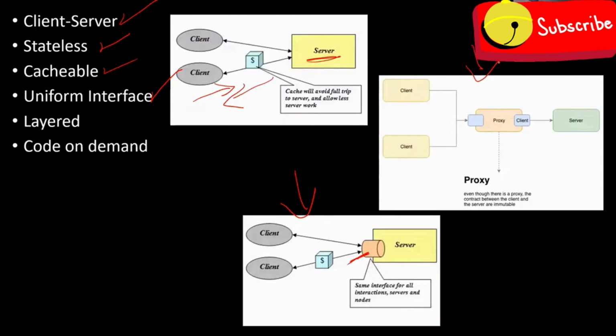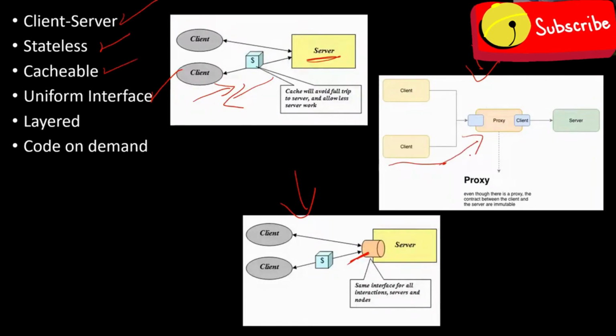So when the client initially sends the request, the proxy is going to get it. And the proxy is going to relay the message to the server. And the server is going to obviously relay the message to the proxy, who's going to relay the message to the client. Okay, so looking here, we have our client, right? Our client's going to send a request. Obviously, it's going to go to the proxy.